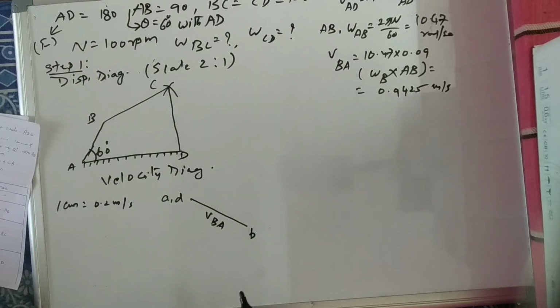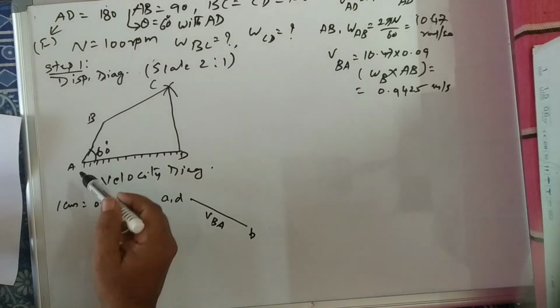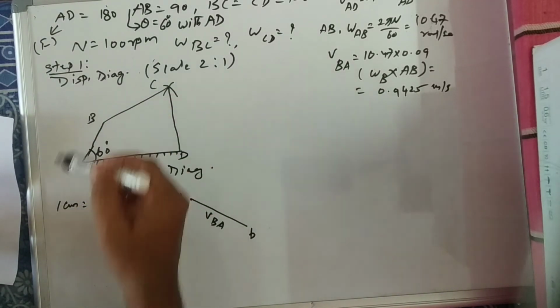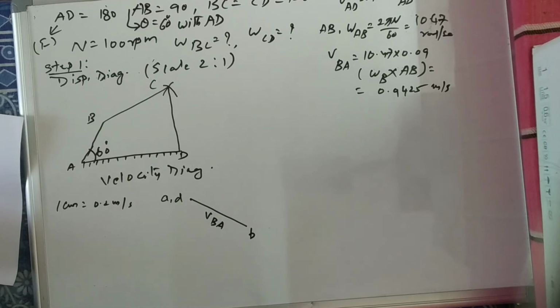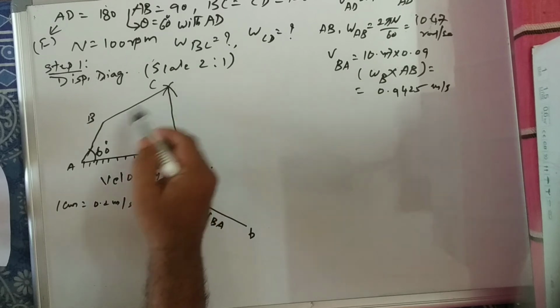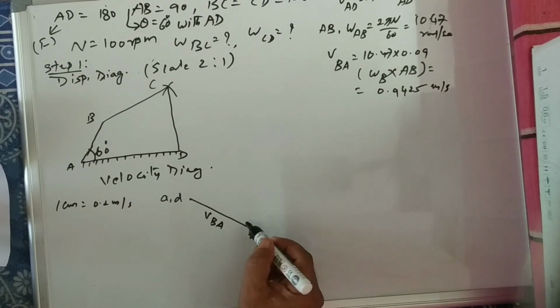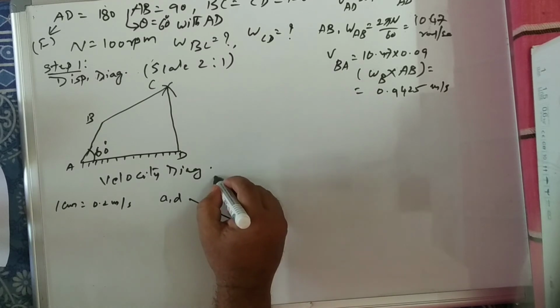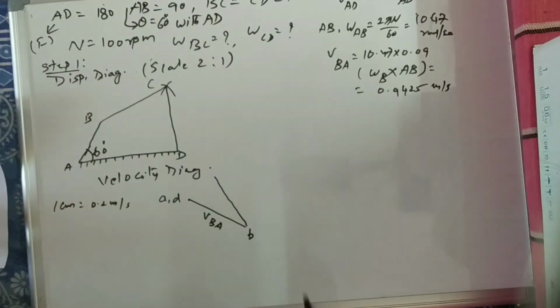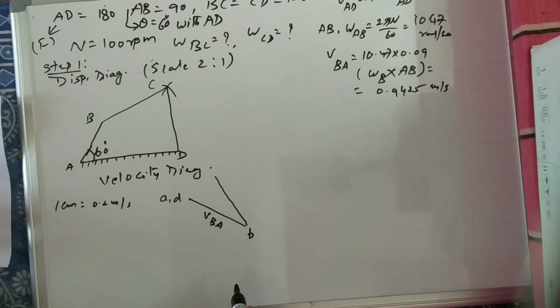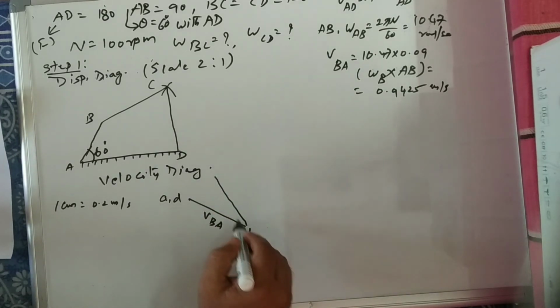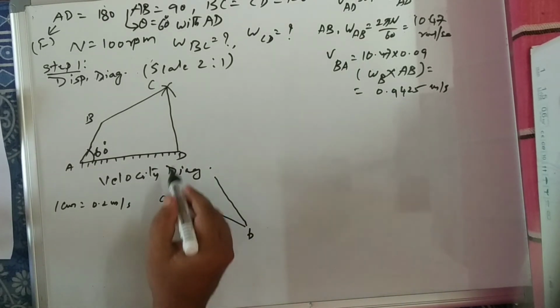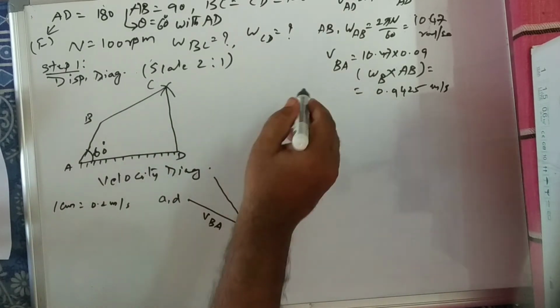Next, from B and C. For BC we don't know its magnitude, but the direction is known. What is the direction? Direction is perpendicular to the link. So from the point B, draw a line perpendicular to the link BC. And from D you draw a line perpendicular to this link.